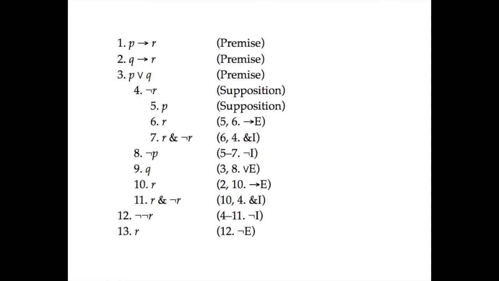That contradiction proves that the supposition on line 4 is false. And so on line 12, we get not R. That comes from 4 through 11 using our not introduction rule. And then we just use not elimination to prove that R. All right, so that's a pretty easy proof. Here's what's really fun about this proof, though.